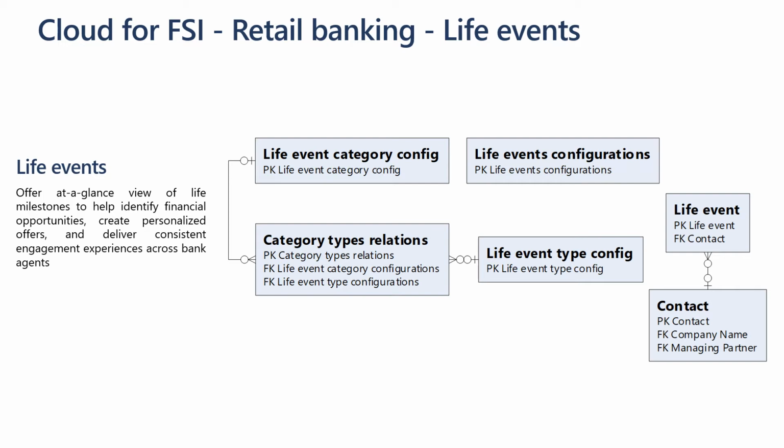By life event we understand different events which can happen for the contact, like birthday, anniversary, and other different dates. Life events offer a glance view of life milestones to help identify financial opportunities, create personalized offers, and deliver a consistent engagement experience across bank agents.